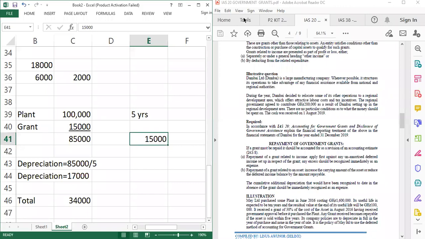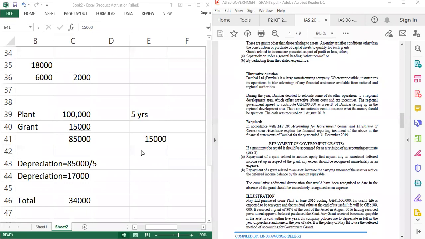If we are paying 15,000 in all, it means that it was the entity who paid all the 100,000 for the asset, isn't it? If the entity paid all the 100,000 for the asset, it means that the actual cost of the asset is 100,000, not 85,000. The grant was not taken at all.